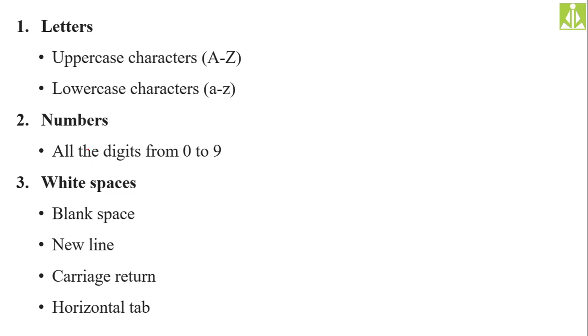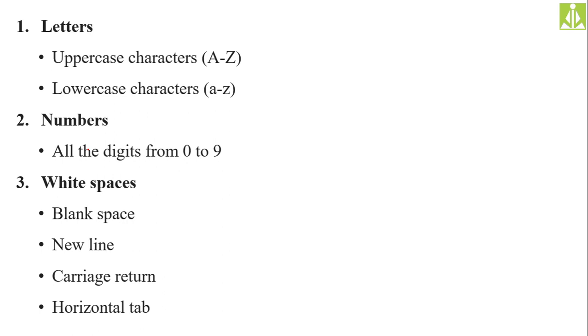Whatever numbers you have on your keyboard, that is digits 0 to 9, those you can use inside your C program. Then white spaces, the blank spaces, the spaces which you give between the words and between the letters, that you can also use inside your C program.